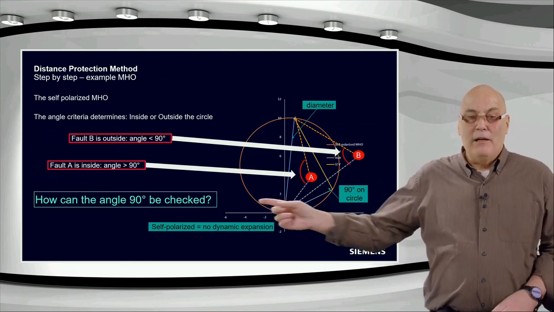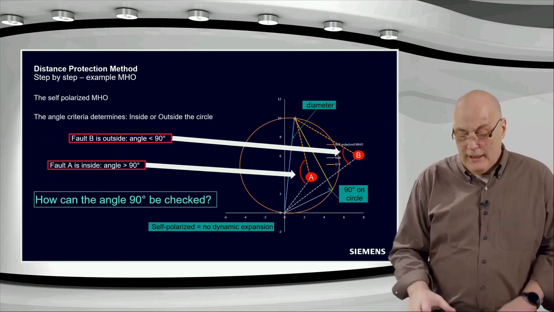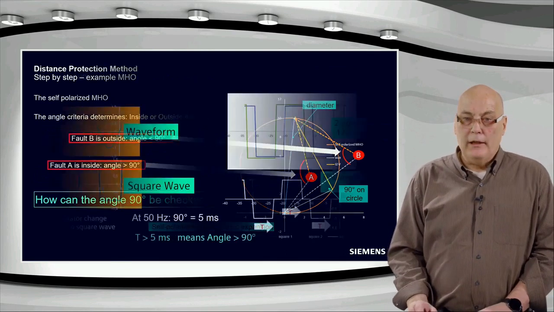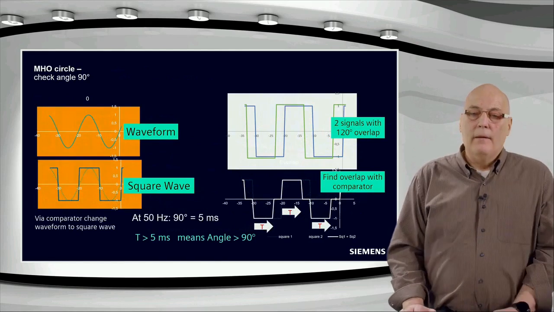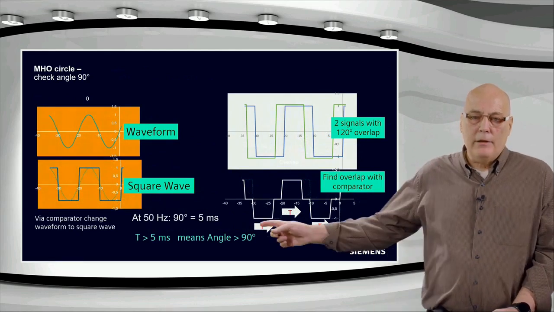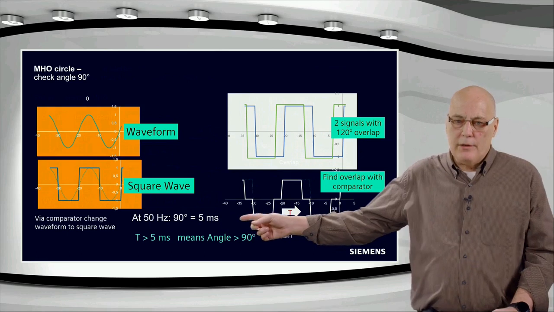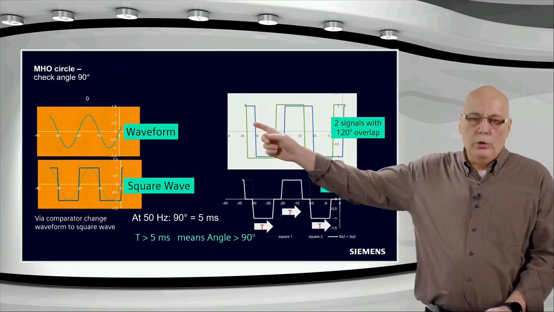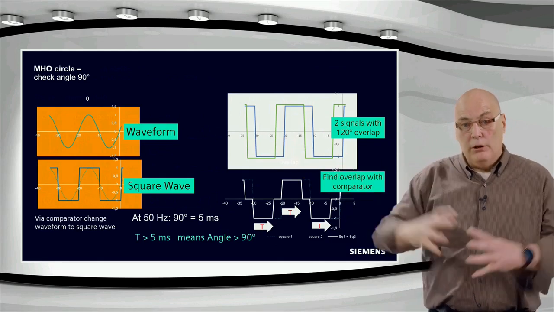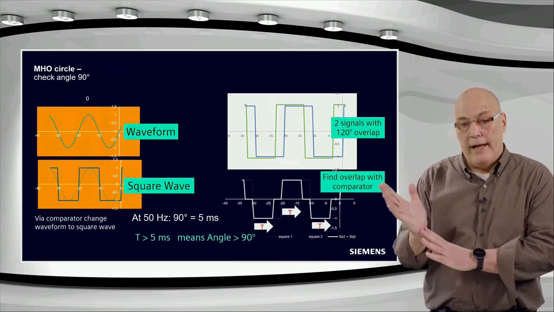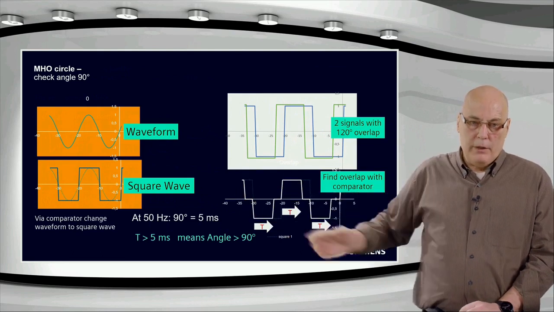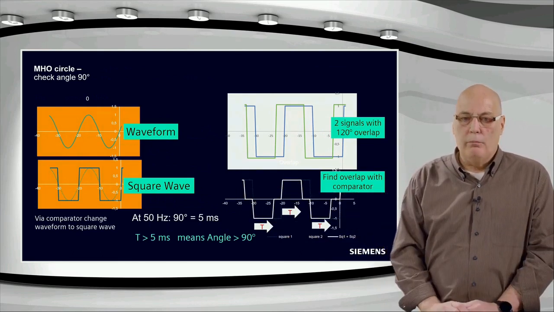And this is very advantageous to us because checking an angle is much simpler than it seems. Checking an angle is simply checking time. At 90 degrees, at 50 hertz, 90 degrees equals 5 milliseconds. So what you do is you take your voltage waveforms, and we basically turn them into a square wave by just running through a comparator like that.